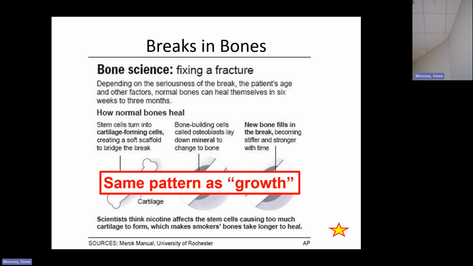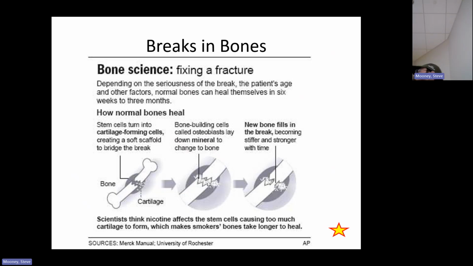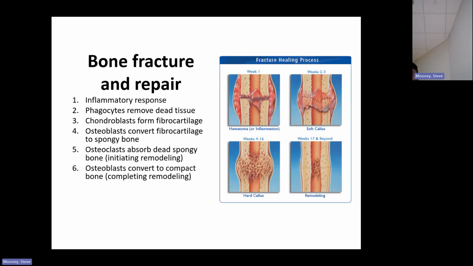So it's the same pattern as growth. We've got the protein matrix comes in first. We've got the ossification, the minerals later, and then we finalize our structure, and hopefully everything goes together the way we hope it will. And there'll be a little extra on the outside because we overdid it. That's an attempt to reconcile that force.